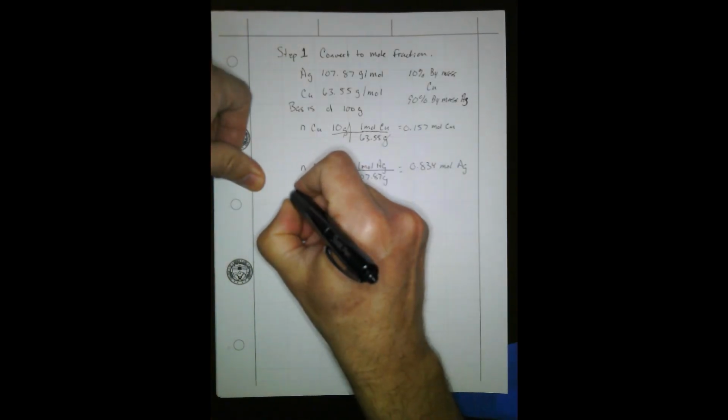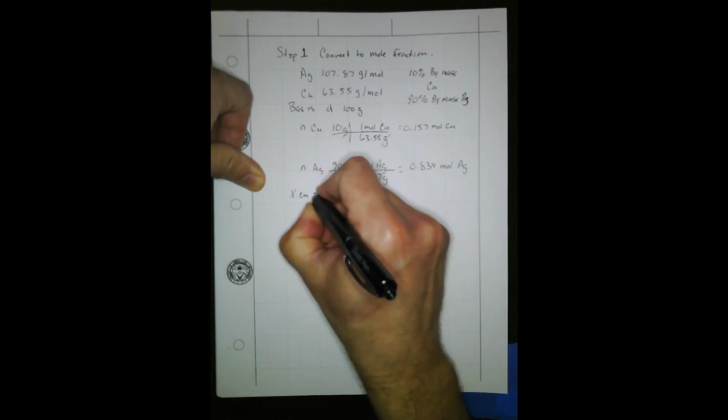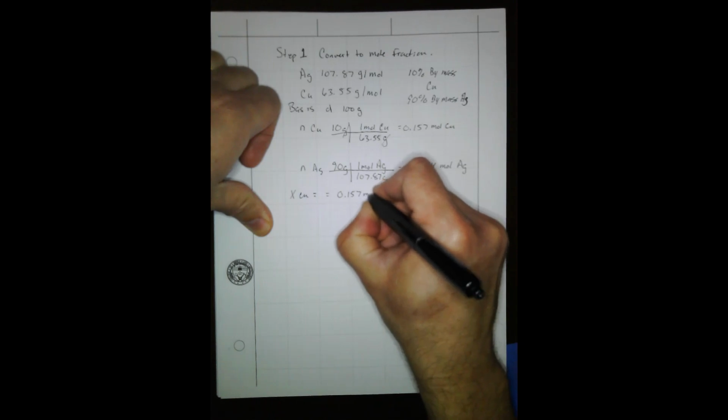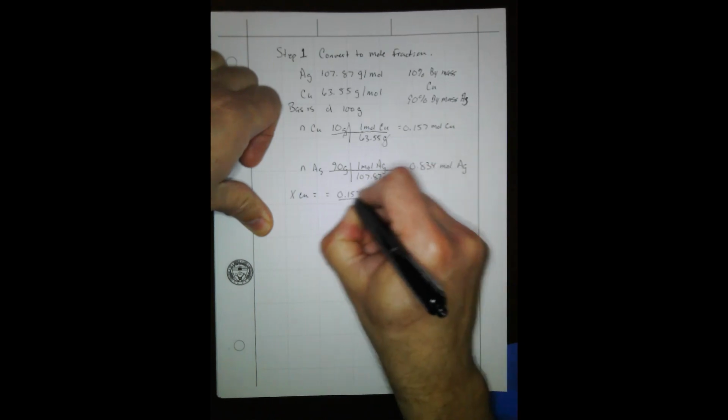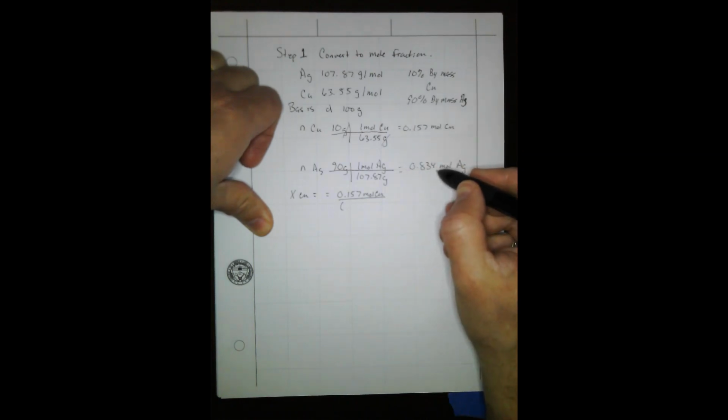So X copper, I'm changing notation to match the table, is 0.157 over the total, which is 0.157 plus 0.834.